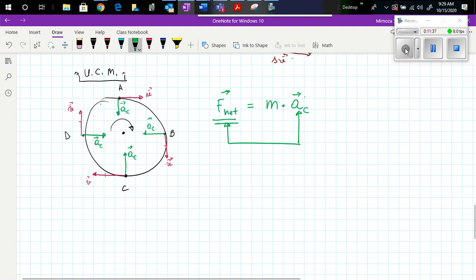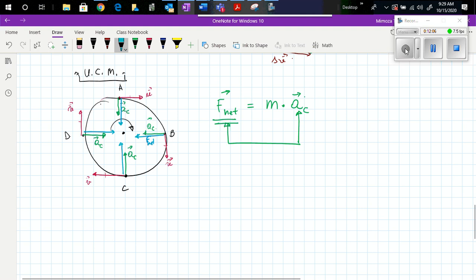So the net force will be toward the center of the circle.